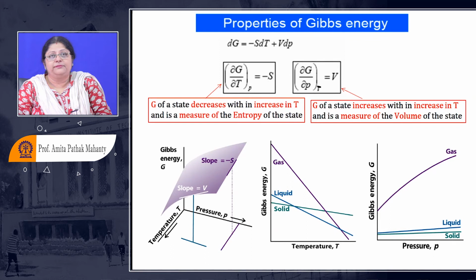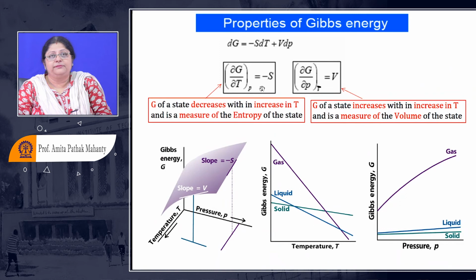Whenever the slope is negative, that will give you a negative sign, and so that negative comes from the decrease in G with respect to temperature, which is reflected with a minus sign.